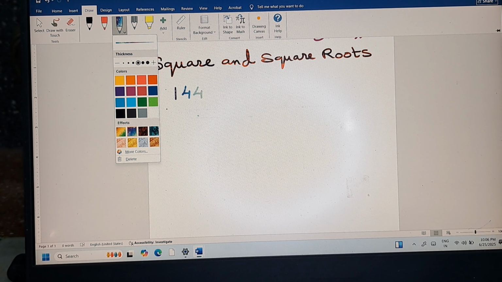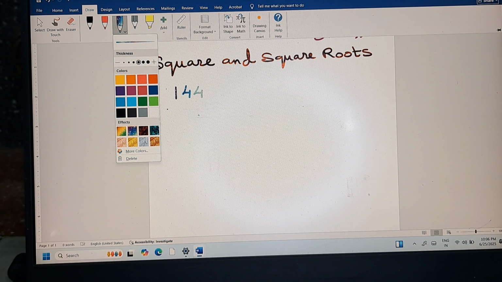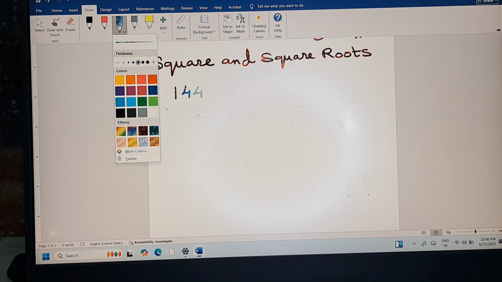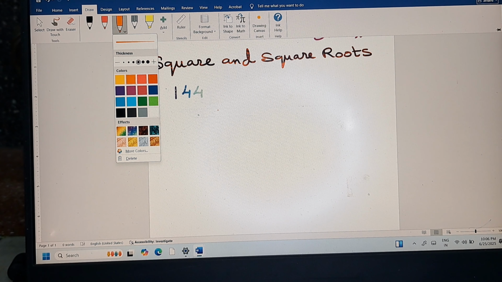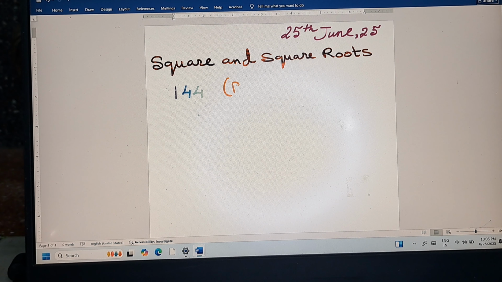As in my previous video on HCF, factors and multiples, I showed you there are different methods of calculating HCF as well as LCM, but always remember one thing, the method can be different but the answer will come the same. So let us find the square root of 144 in which method?